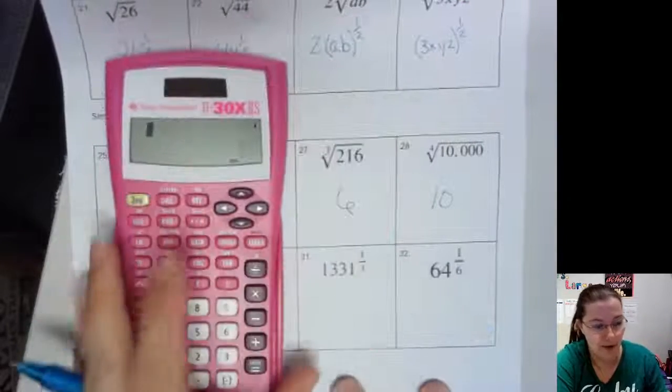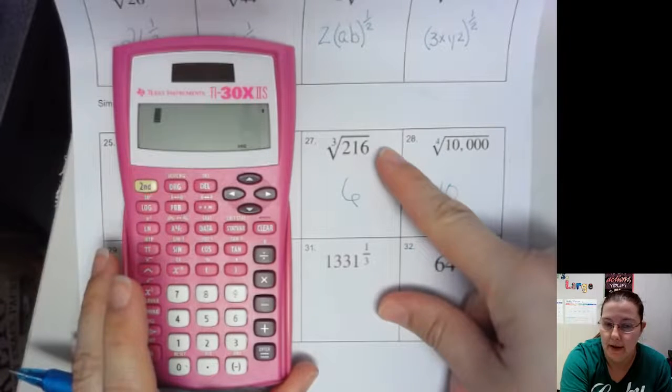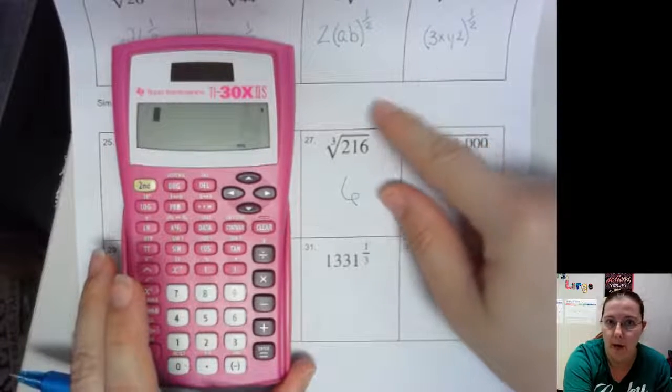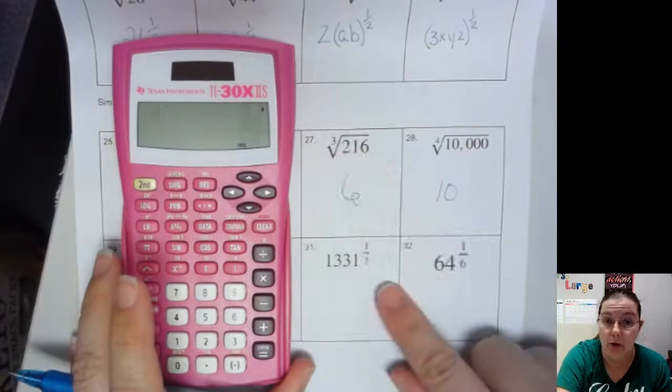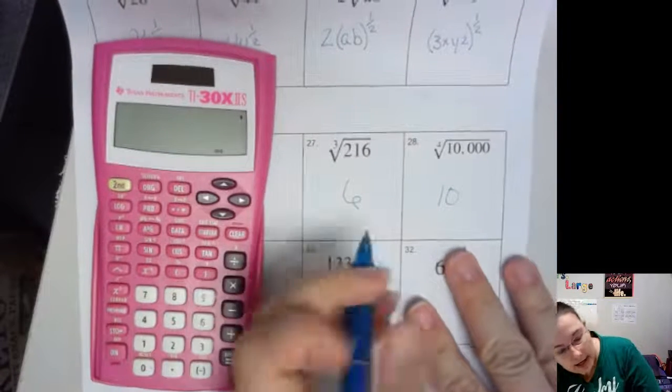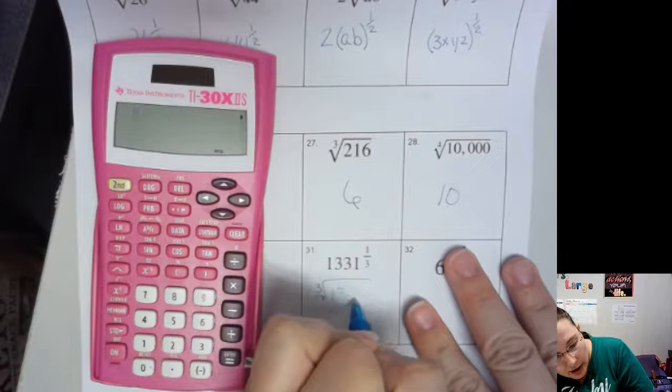All right, moving on to the next one. Now, this one they did not write like this, but we know from looking up above that this means that we are writing it as a cubed root. So this is really the cubed root of 1331.